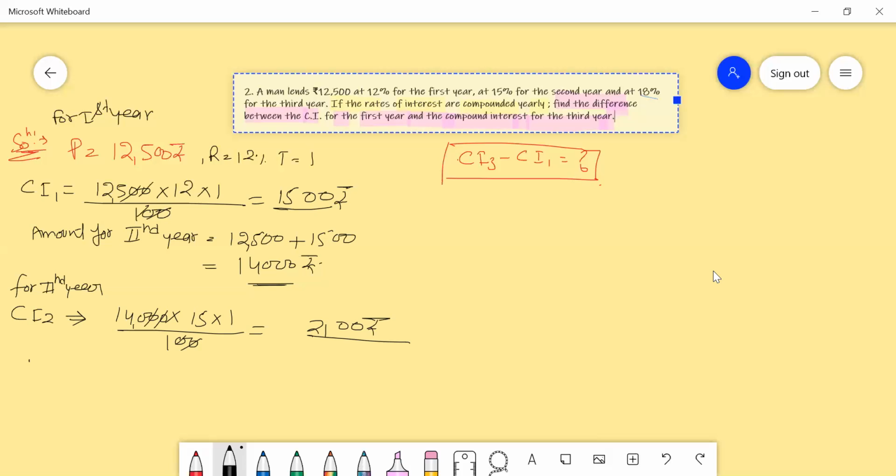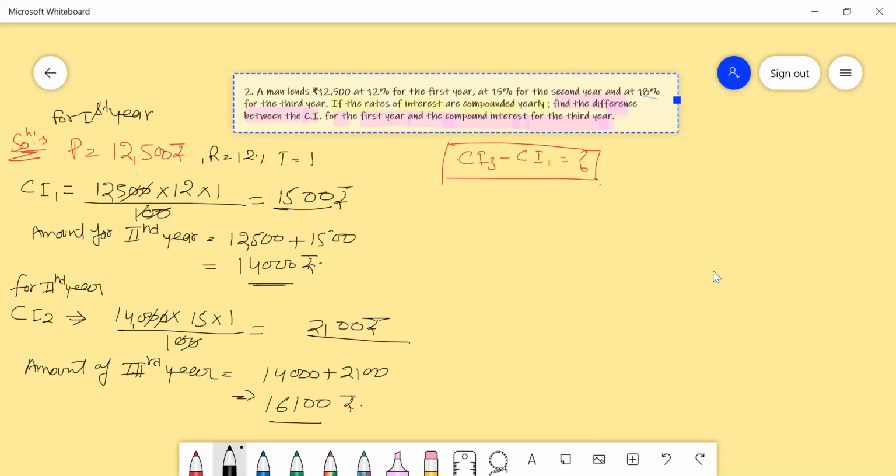So we have to calculate the amount for third year, which will be 14,000 plus 2100. So when we add this, it is 16,100 rupees, right?